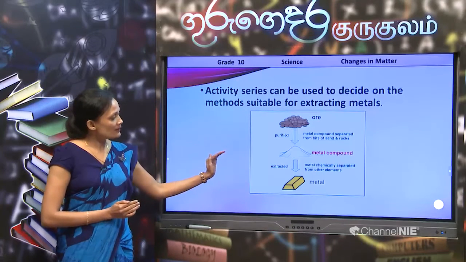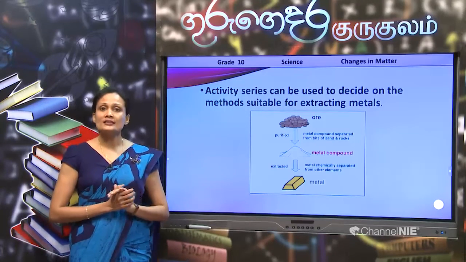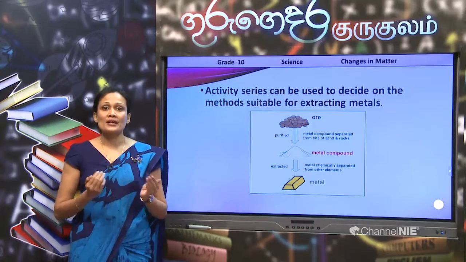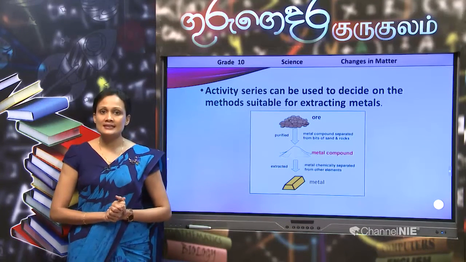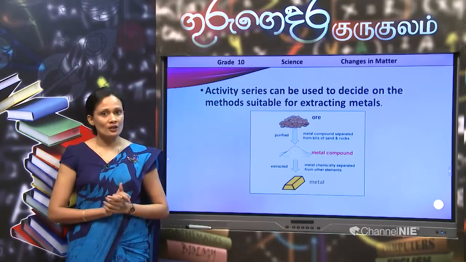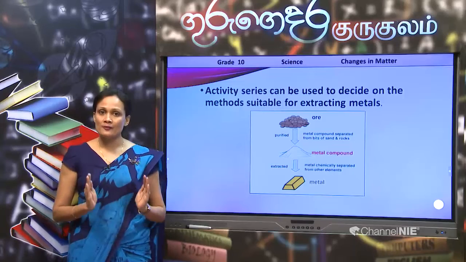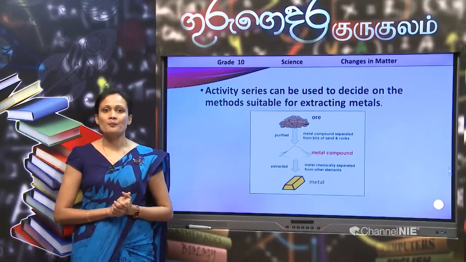If we have the metal compound, we can obtain the metal by using different methods. Obtaining a metal from its compound by using different methods is considered extraction of metals. So by using the activity series, we can find the way of extracting different types of metals.